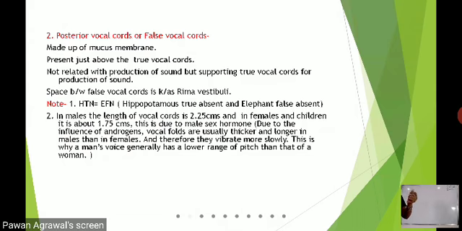That's why they are thicker, so they vibrate slowly. So a man's voice generally has a lower range of pitch than that of a female. Females produce high pitch, males produce low pitch. This you have to remember.